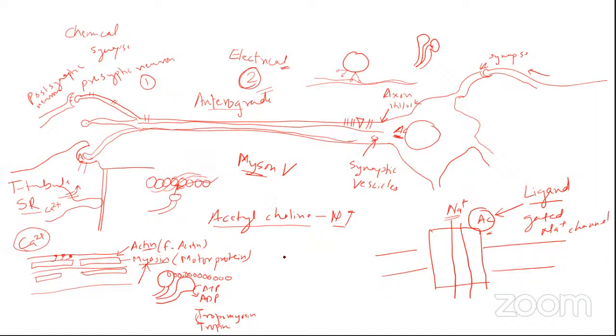Now, the question that we need to address in the next class is how the synaptic vesicles release the neurotransmitter into the synaptic cleft, or what guides them to release it into the synaptic cleft? And there is one more question that you should address, but I will not give it to you right now. It's a different question altogether. We'll talk about that when we understand how the neurotransmitter is released into the synaptic cleft.